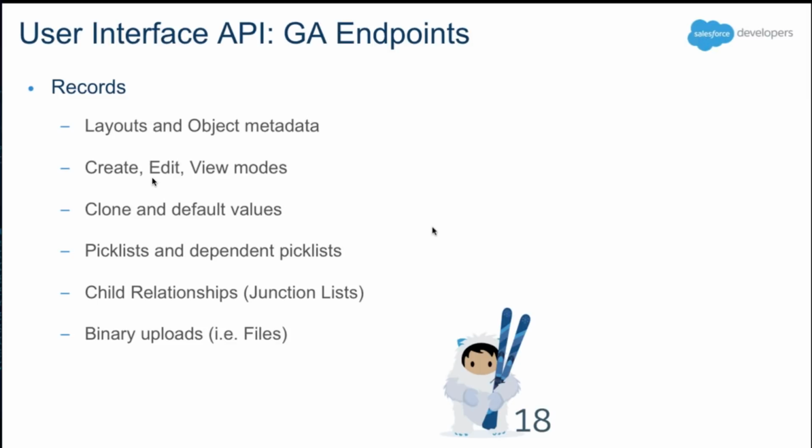And the most important thing, obviously, at Salesforce is records. And so we have built endpoints that give you record data, record layouts, object metadata. As you saw, we support things like view and edit mode, as well as clone and defaults.